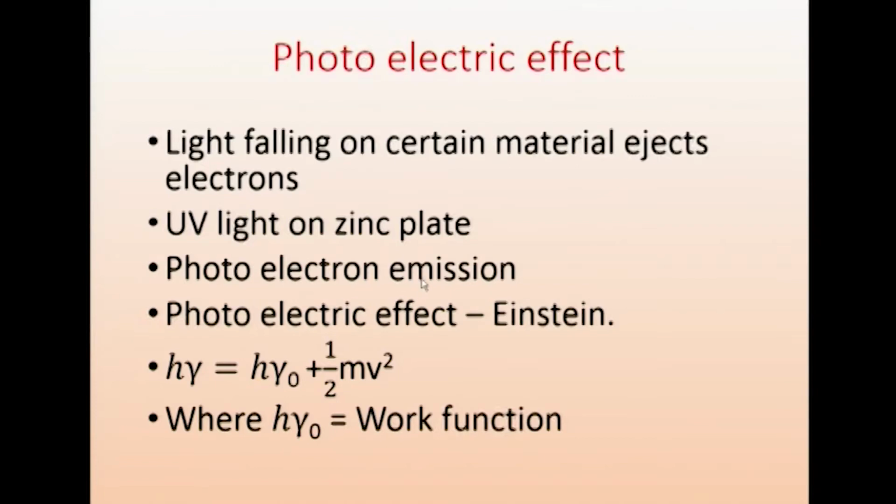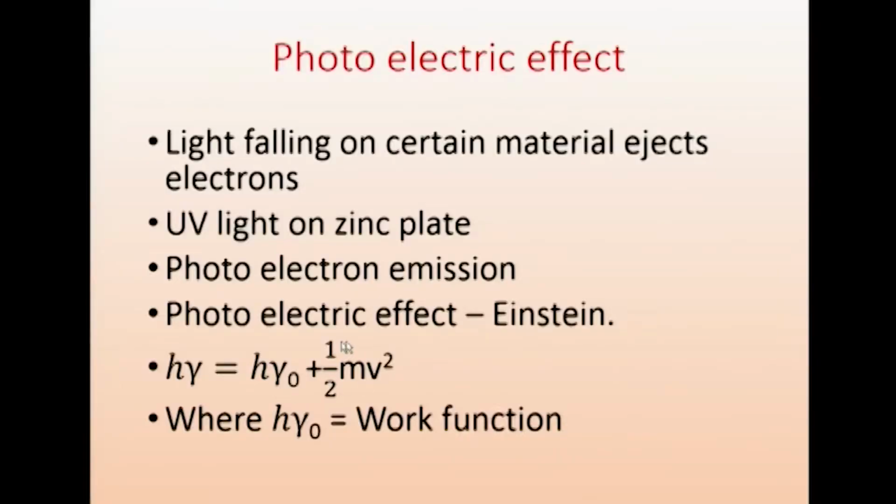So, this is photoelectron emission. The photoelectric equation was proposed by Einstein: h nu is equal to h nu 0 plus half m v squared. This h nu is the incident energy, and h nu 0 is the energy required to remove the electron, that is called the work function.